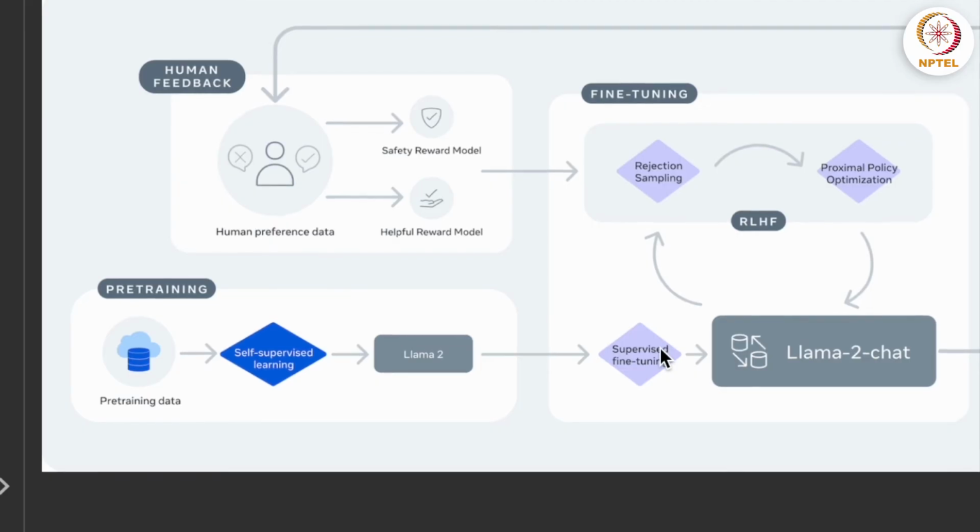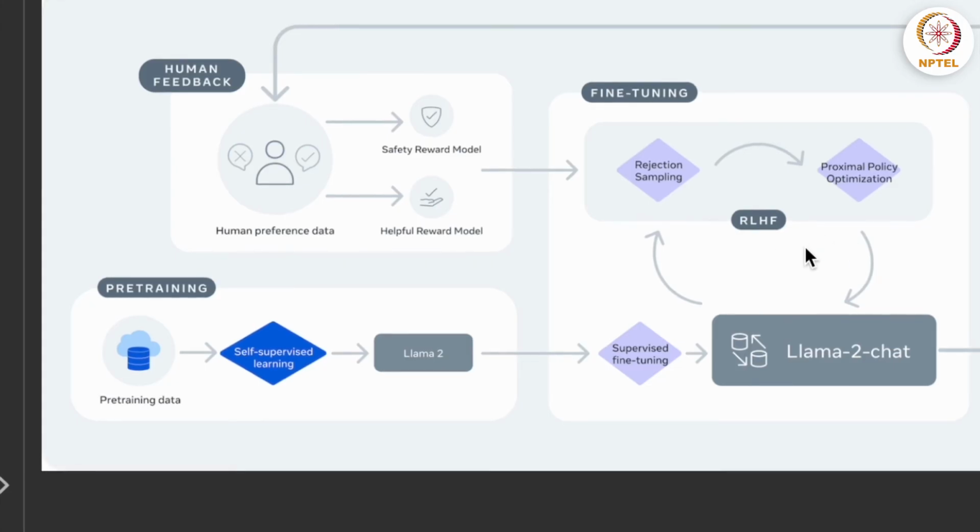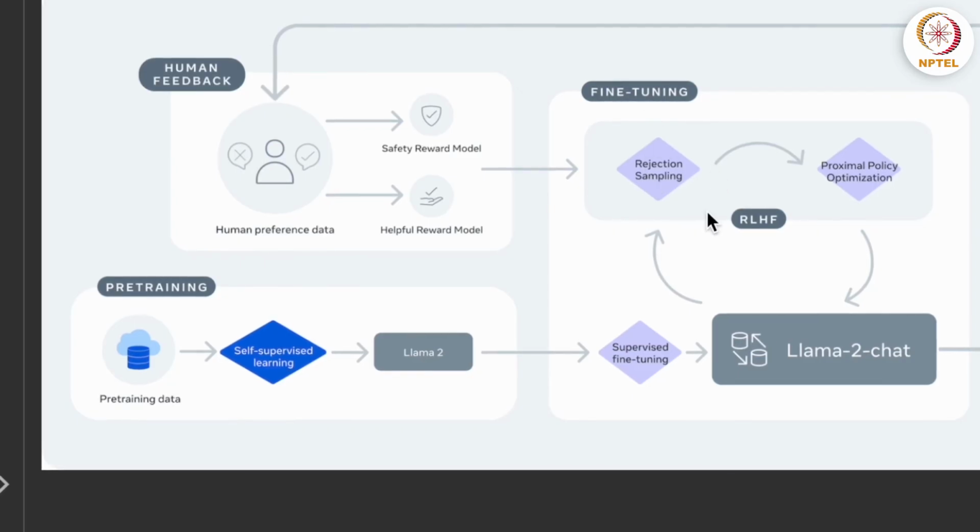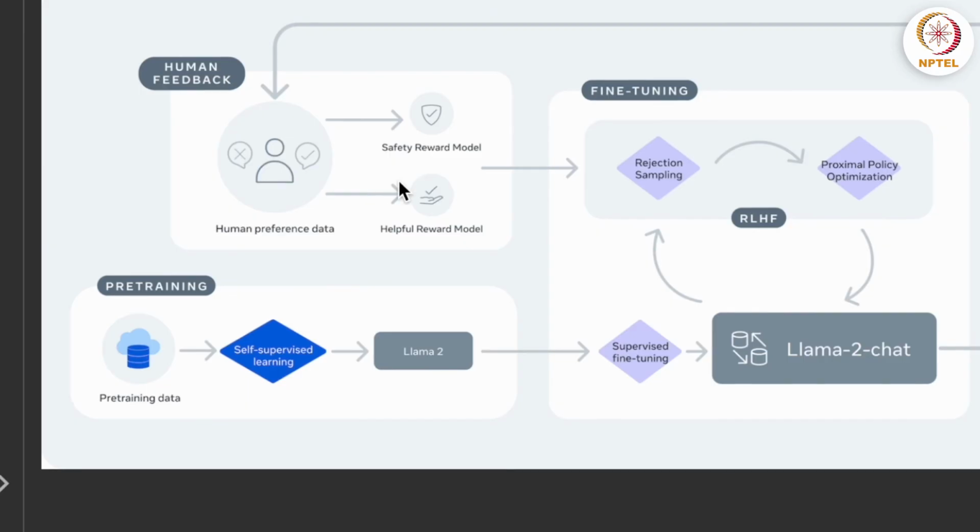It happens through RLHF, where RLHF is nothing but reward modeling. It uses proximal policy optimization and rejection sampling for performing this fine tuning. The ultimate goal of RLHF is to create a model that rewards a model for being helpful as well as, at the same time, safe.